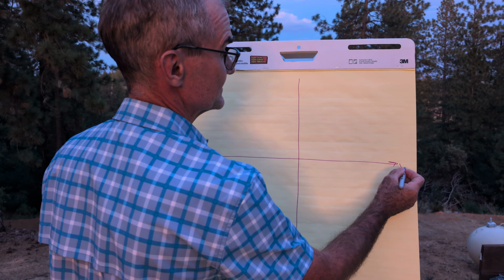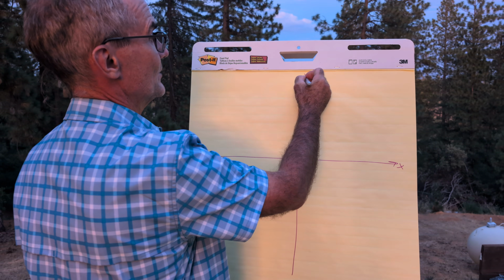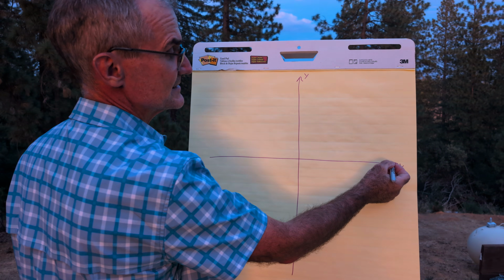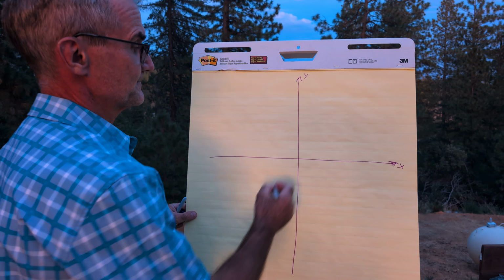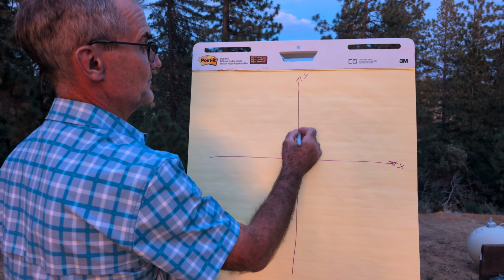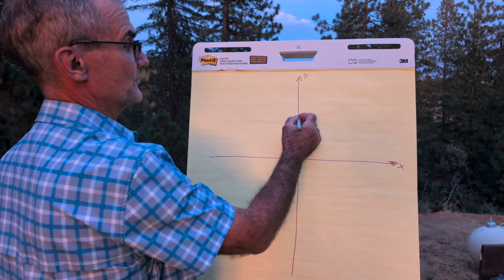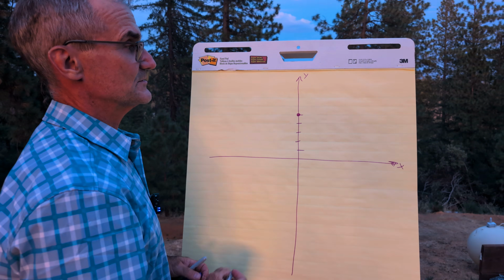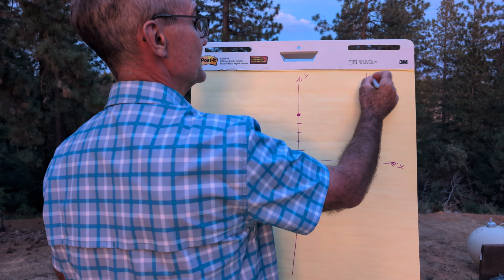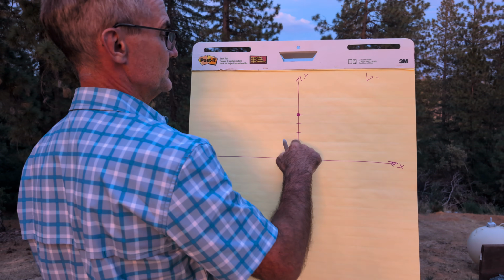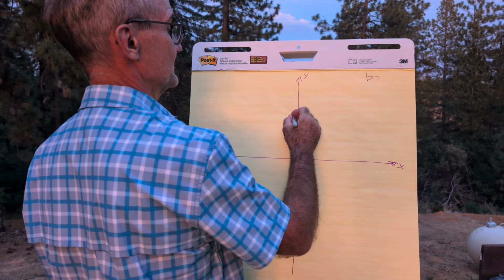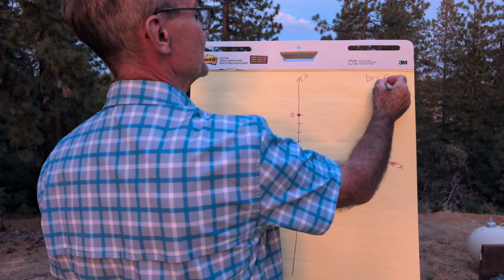Again, this is always labeled x, labeled y. These arrows are saying it is infinite in both directions. If you go up, most common line you create is with a y-intercept where it crosses the y-axis. That is called b. I'm up 1, 2, 3, 4, 5. So in this case, my b value is 5.